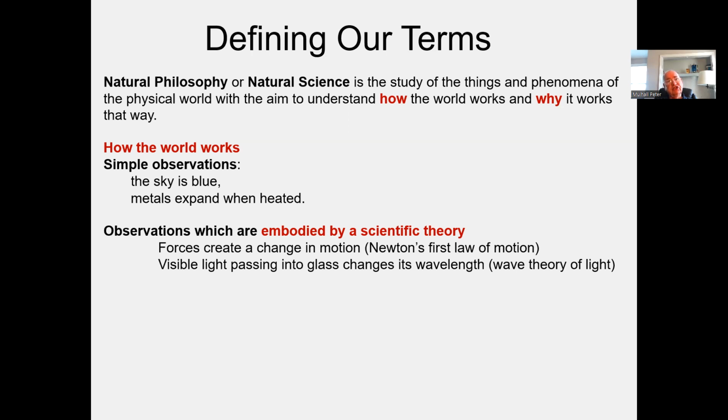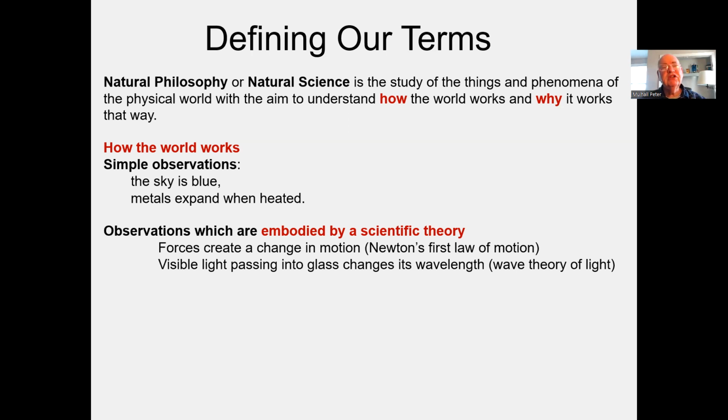Its speed changes, and because its speed changes, it has to change either its frequency or its wavelength. Well, the frequency is the color. When light goes into glass, it doesn't change color. Red light is still red light in the glass, so it's not the frequency that's changed, it's the wavelength that's changed as it goes into glass.